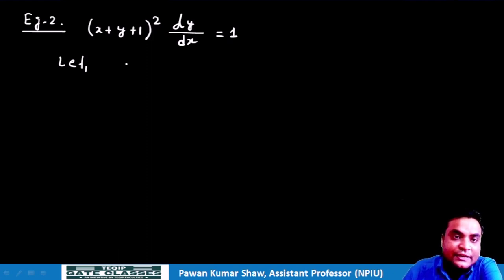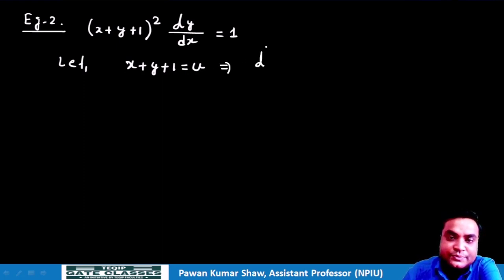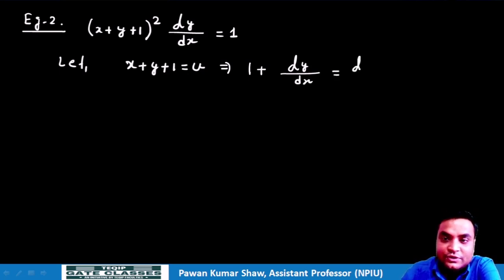Here we assume x plus y plus 1 as u. So once you differentiate with respect to x, we can write 1 plus dy by dx is equal to du by dx. Let me call this equation number 1.